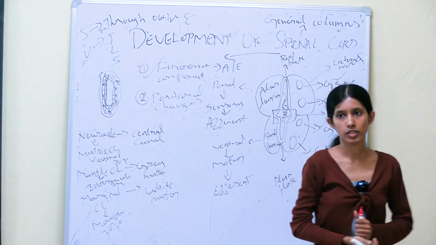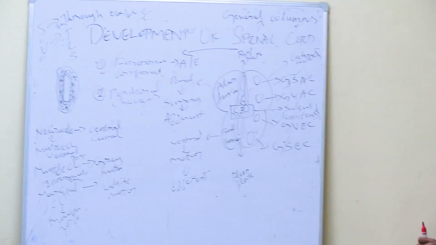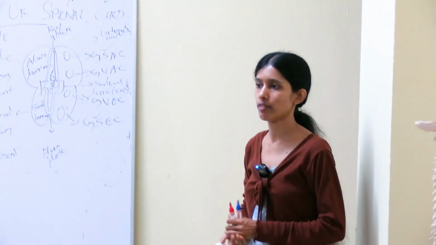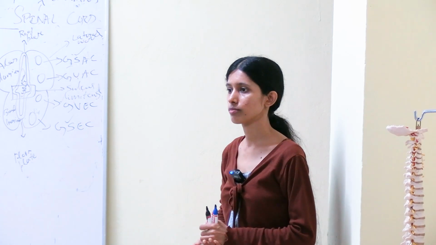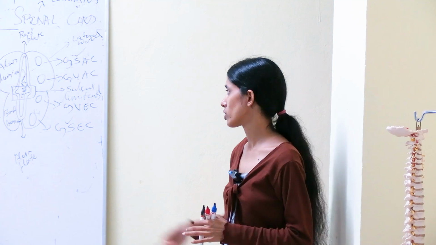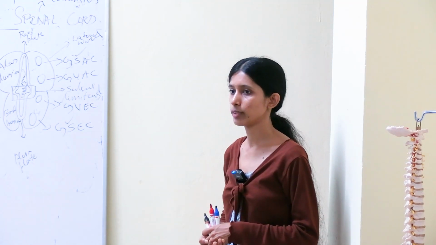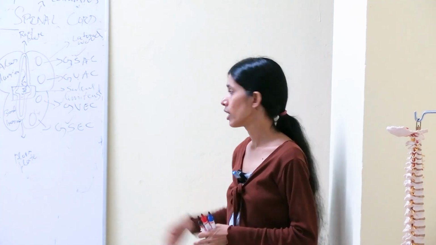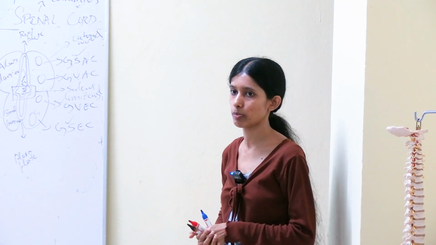Okay. Remember this point. So these are the four functional components of your developing spinal cord. Any doubts? Any doubts in the development of spinal cord? First we have seen the development of your central canal, grey matter and white matter from the histogenesis part. Later we have a separate concept called functional components of the spinal cord.